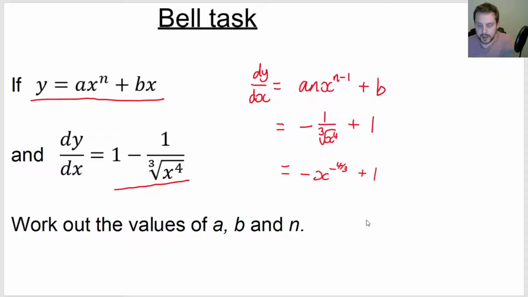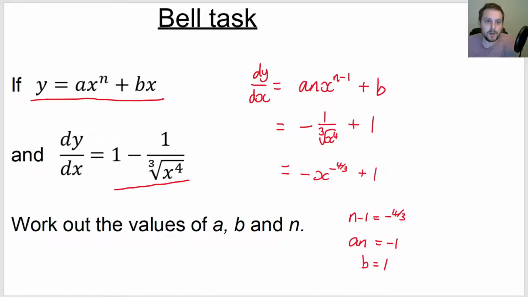And so what you actually end up with is that the little power n minus 1 is minus 4/3. Well, this is not so difficult to work out what n has to be. You also know that the thing in front of that, the an, has to be minus 1. And we also know that the b has to just equal 1.